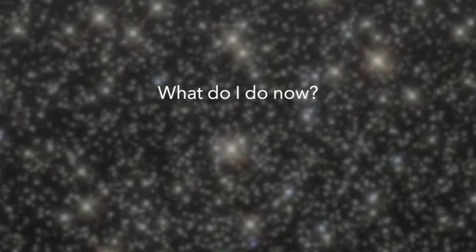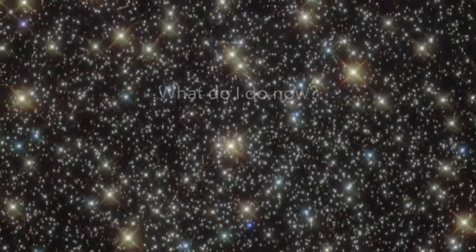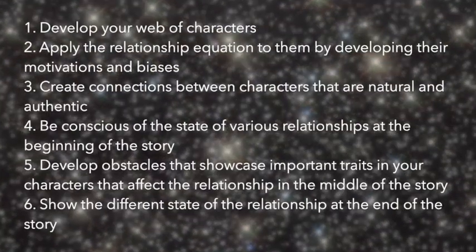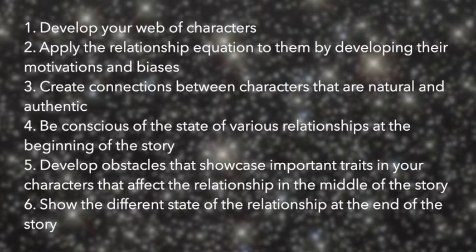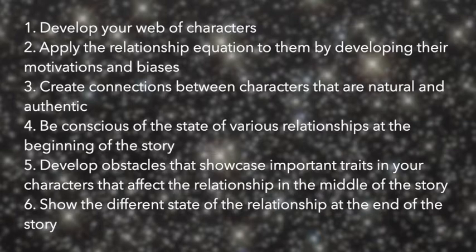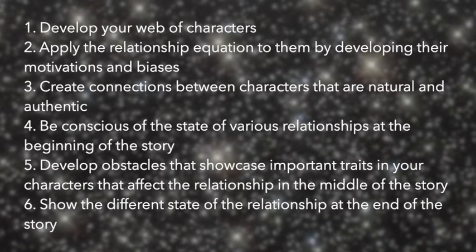What do I do right now, you might ask? Take your current work in progress or your brand new story and apply the following. Number 1, develop your web of characters. Apply the relationship equation to them by developing their motivations and biases, or worldviews.